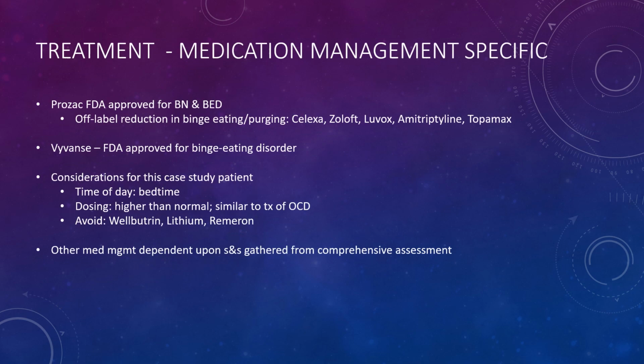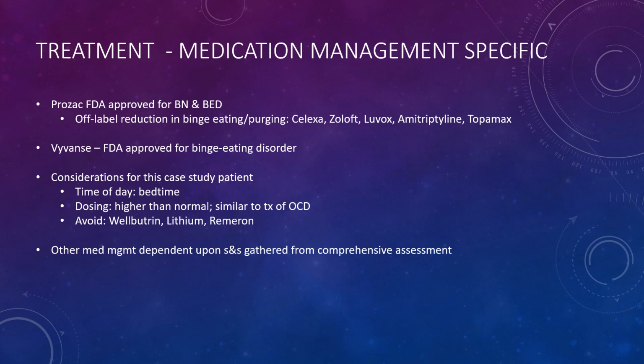And then that brings us to medication management. So in conjunction with psychotherapy for bulimia nervosa, specifically Prozac is FDA approved. Also, off-label reduction in binge eating and purging has been found with Celexa, Zoloft, Luvox, amitriptyline, and Topamax.